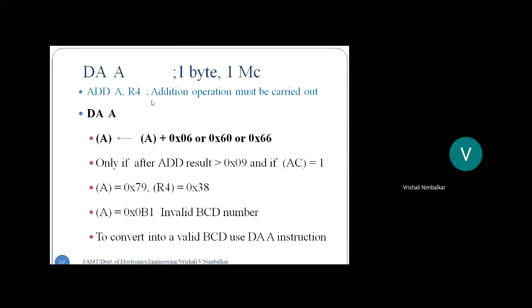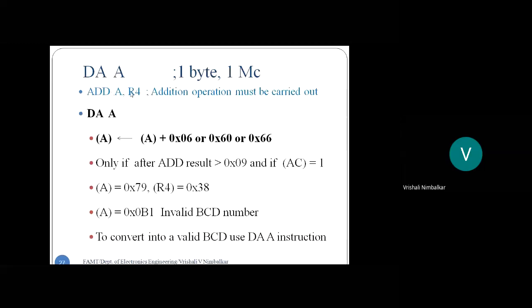See, in the blue color, ADD A comma some addition instruction should be written, and then only DAA will operate correctly. And what is this DAA instruction going to do? During addition, ADD A comma R4, say for example, the microcontroller will perform addition in binary.